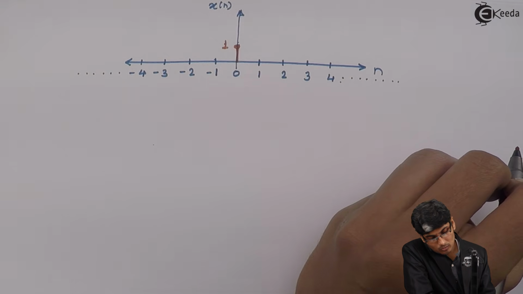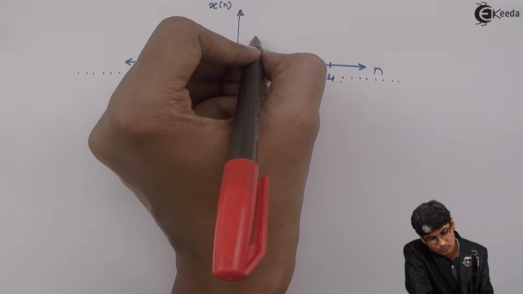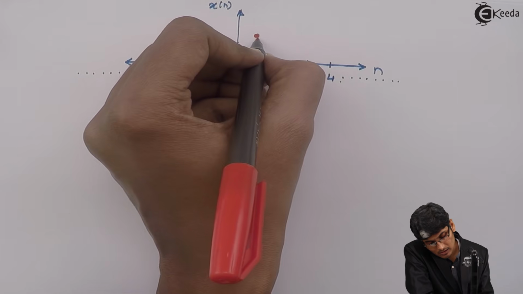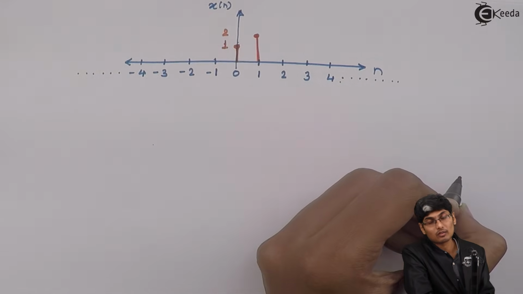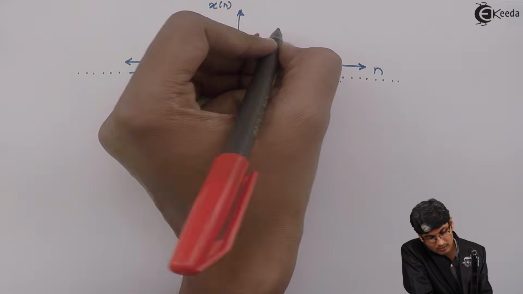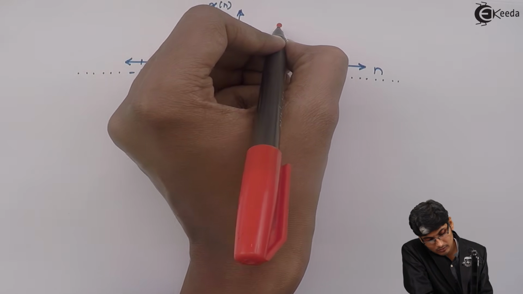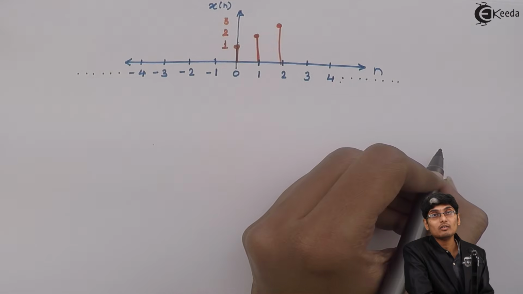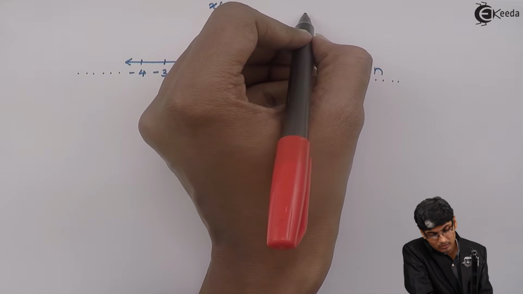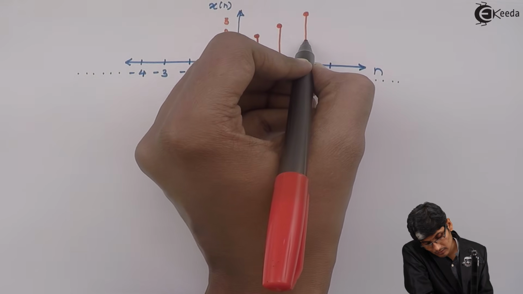Then for n is equal to 1, the value is given as 2, so it is rising up a bit. Then for n is equal to 2, the value is 3, so it is further rising up. Finally for n is equal to 3, my value is given as 4.